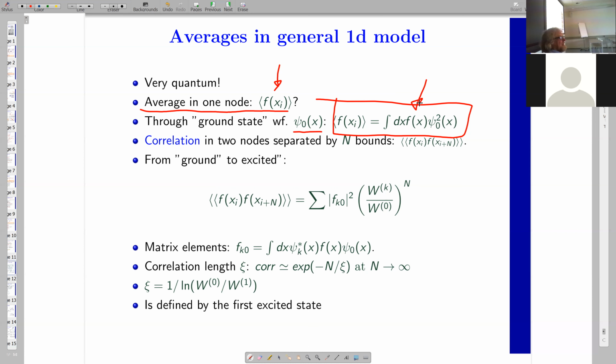Let me look at a more involved problem. I would like to look at the variables on two nodes separated by n bonds. Right. And this is the answer which I can derive from transfer matrices.